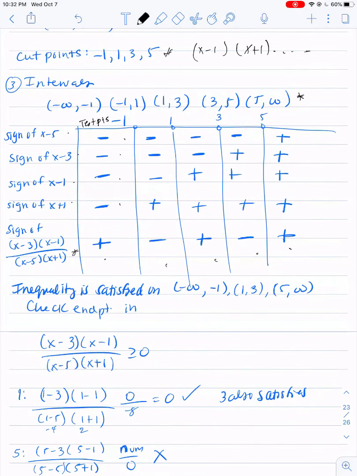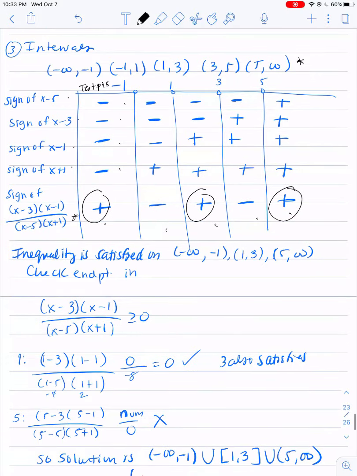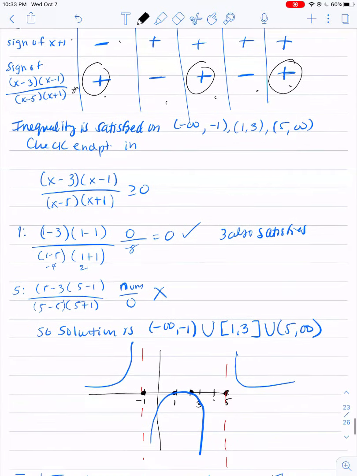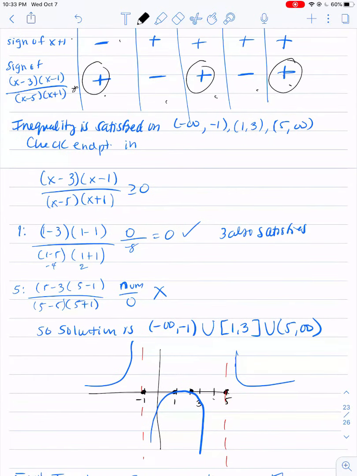So it's satisfied on the intervals -infinity to -1, 1 to 3, and 5 to infinity. And then we check the endpoints. So I check 1, and that one works.